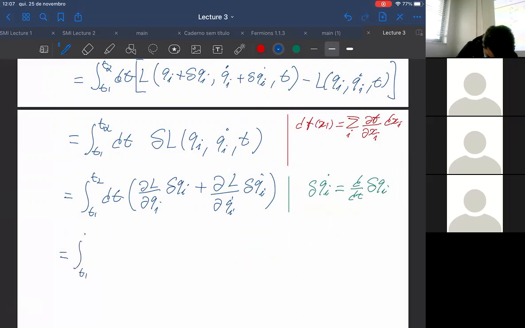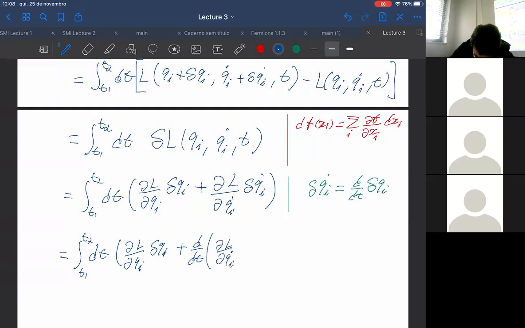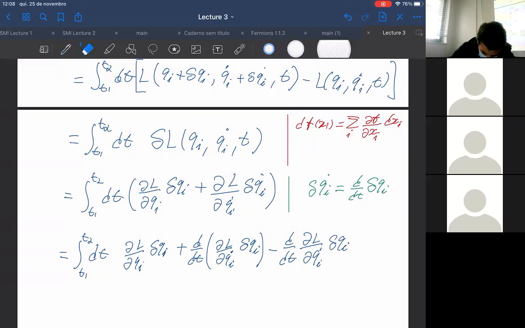Now the integral from t1 to t2 of dt, and the same first, dL/dq_i delta q_i, plus, let's put the plus here, d/dt, but now we are taking the derivative of dL/dq_i dot delta q_i, but you need to subtract the d/dt of dL/dq_i dot, times delta q_i, and I will use square brackets here just to distinguish these two.